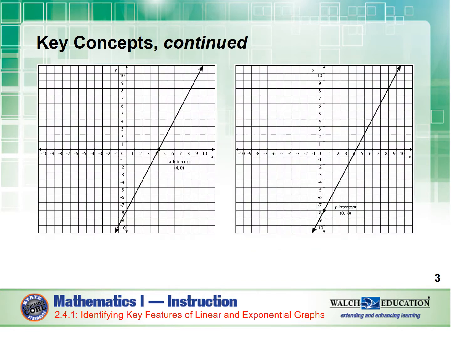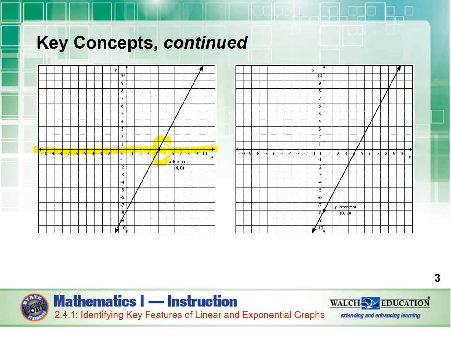So here is an example. This one has the x-intercept. Remember your x-axis. Let me get the highlighter tool because I think this will be much better. This is your x-axis, and you see that right there, that's where the line crosses the x-axis. So that's called the x-intercept.